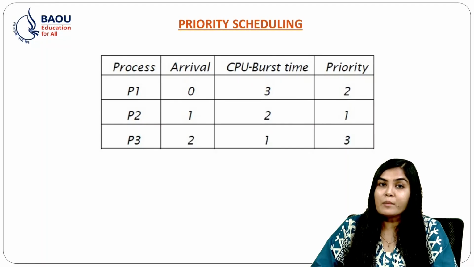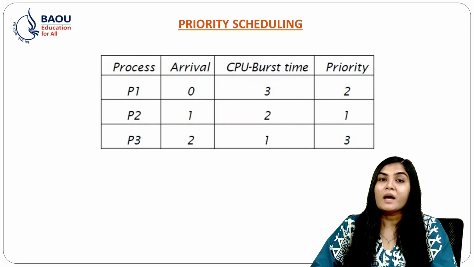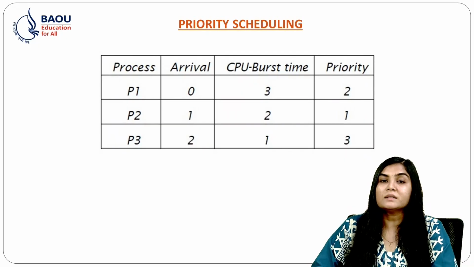At time 5 seconds, there is only one job left, that is process P3, with burst time 1 and priority level 3. So the CPU will do the 1 second job of P3 and bring it to completion.